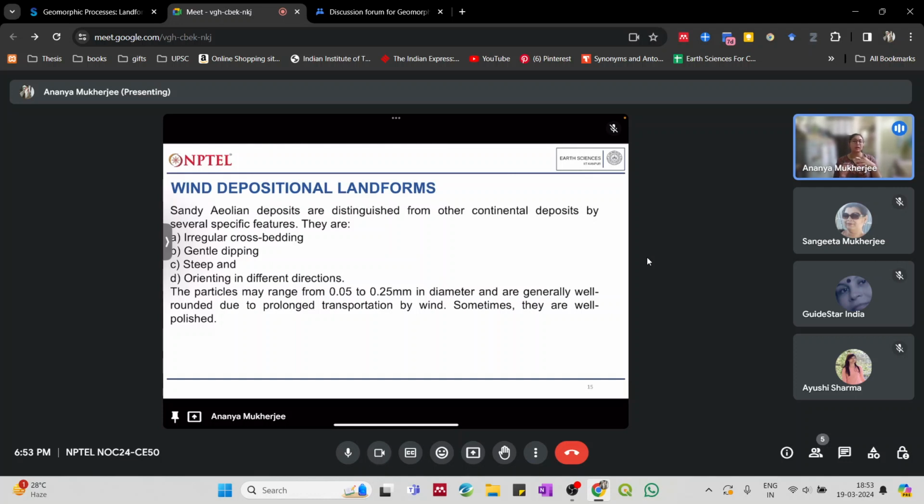Now we will see what happens when the sediment supply that is carried from one place to another is getting deposited. That is one of the main aspects of aeolian geomorphology.